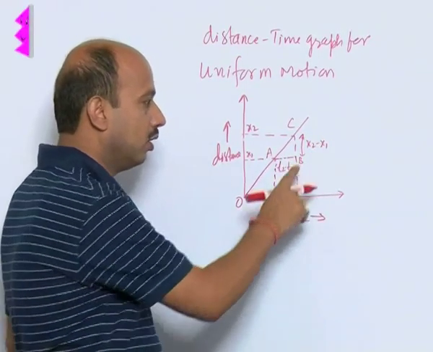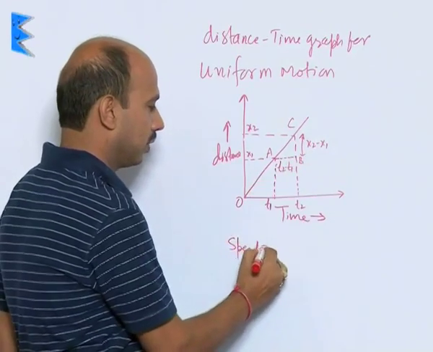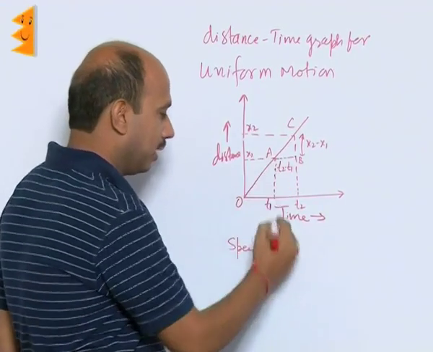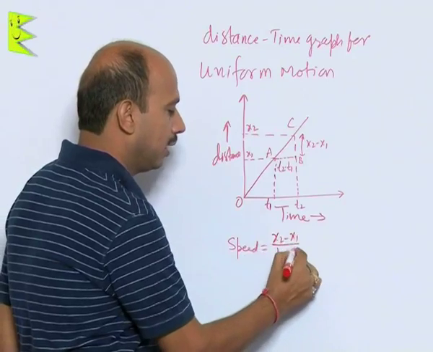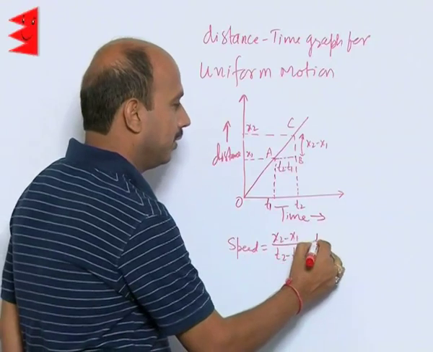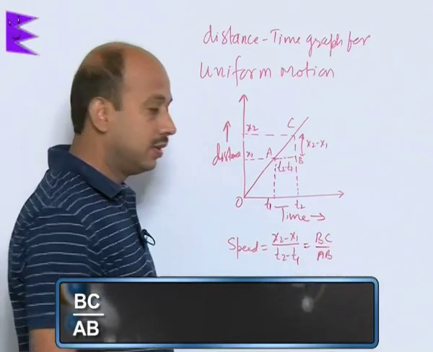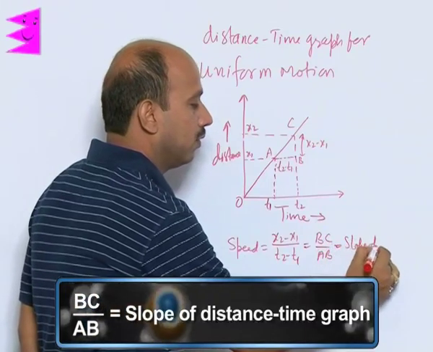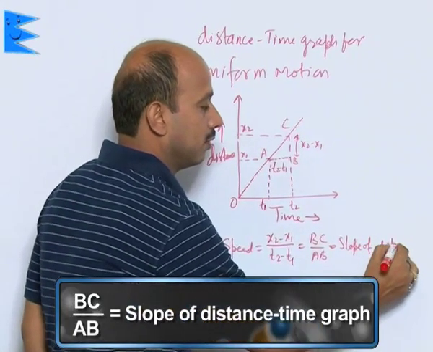So, now here speed is equal to speed in time interval t2 and t1. So, we can write x2 minus x1 upon t2 minus t1. We can write it here BC upon AB. This we can say is the slope of the distance time graph.